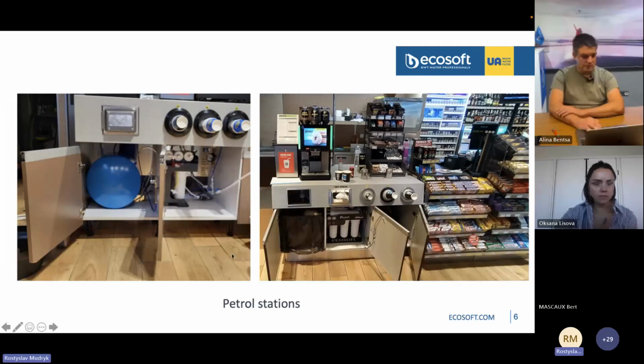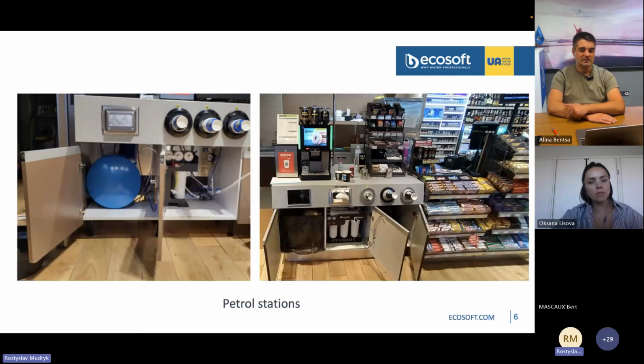So these are the pictures from the petrol station actually. And here the Robust 1000 is utilized now, because this project is already more than 5 or 6 years on the run. So basically what is this project about? For those who know the Ukrainian petrol station market, one of the largest players is called Okko, and they have around 400 petrol stations all around the country, basically covering all the country.